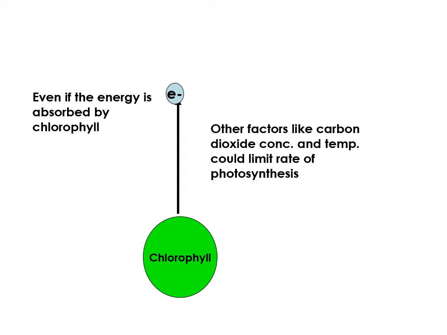Now, why then do you think some areas of the world, some ecosystems, have a higher efficiency rating here, so they are able to convert a greater percentage of the light energy available to them to chemical energy in the form of organic molecules within the plant?